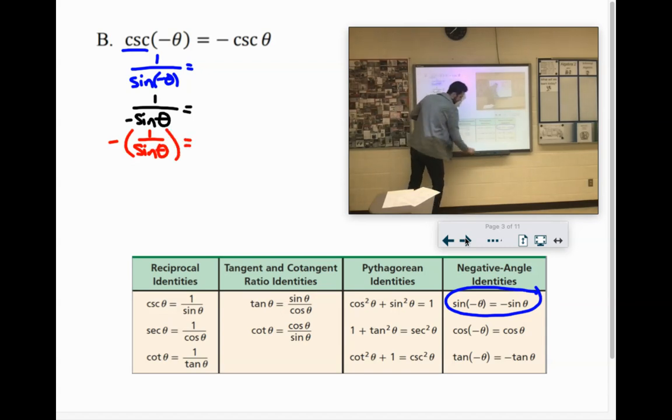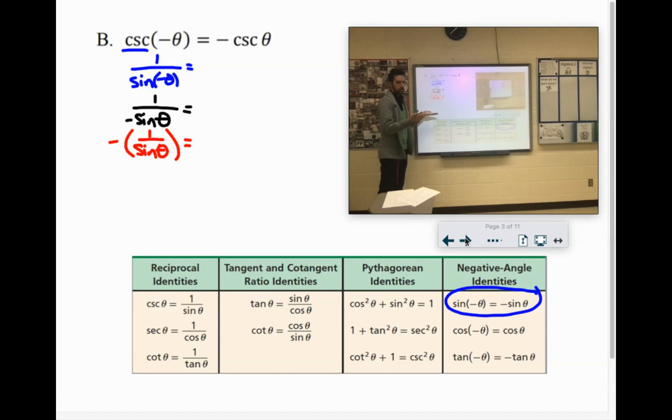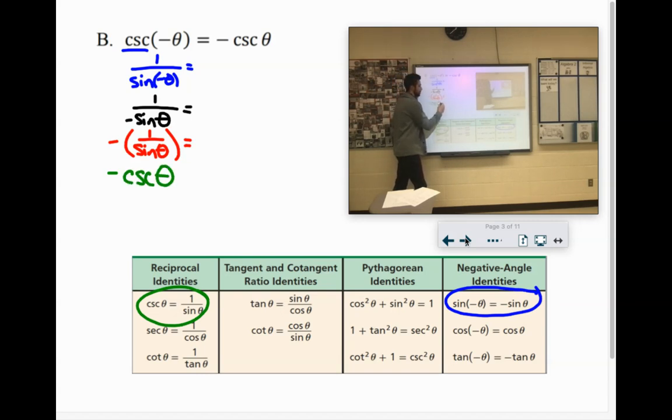Cool. And then 1 over sine of theta, that's the definition of cosecant. So we can say that's negative, and then the parentheses comes out to the cosecant of theta. So that was what we were trying to prove, right? We were trying to get it to the negative cosecant of theta.